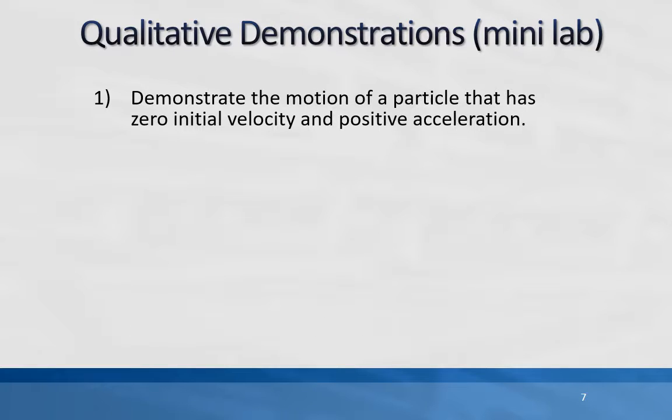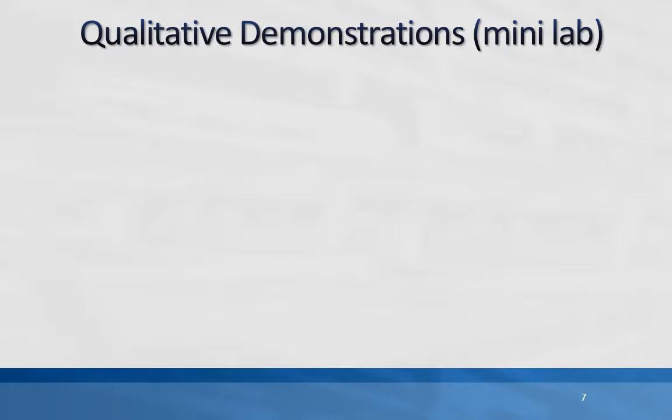When we look at how this works, to demonstrate the motion of a particle that has zero initial velocity and positive acceleration, we would have a situation like this where a person's not moving and the acceleration is positive, so the person's getting faster and faster to the right.